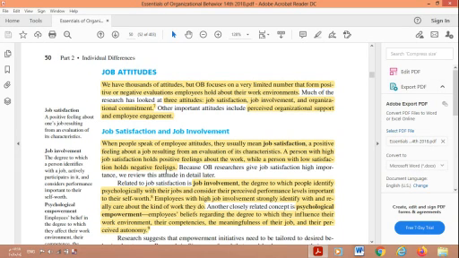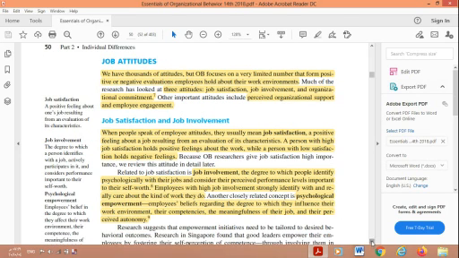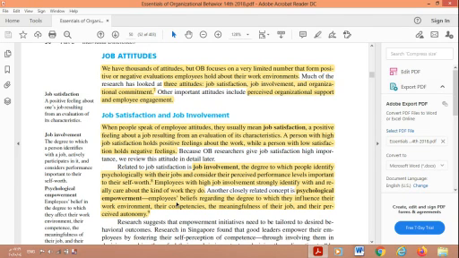So there is a relationship between job satisfaction and productivity, but no direct relationship between job satisfaction and performance.